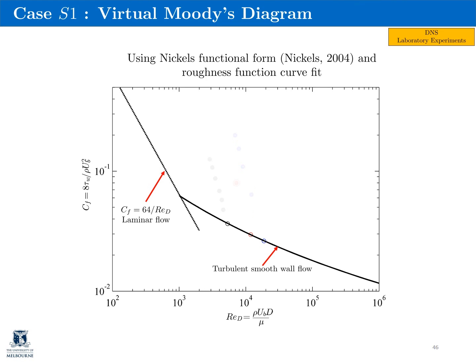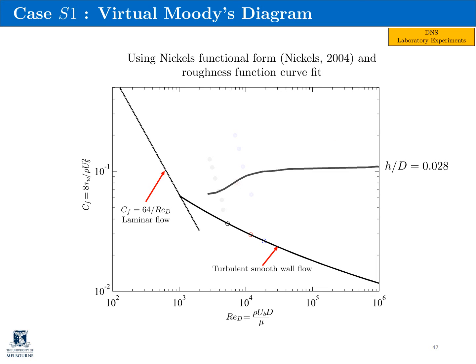Using Nikuradse's functional form and modifying it to include the effects of roughness, and using the roughness function curve fit which we have obtained earlier on, we can then calculate the bulk velocity of the rough wall, and subsequently plot lines of constant relative roughness.